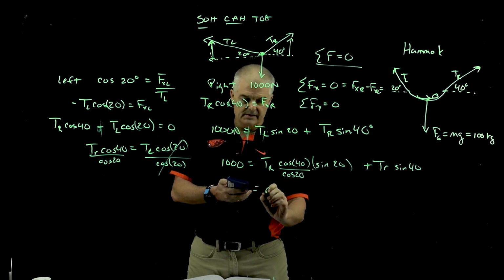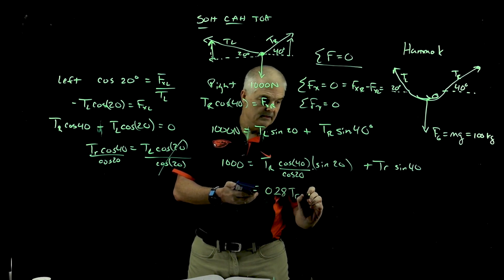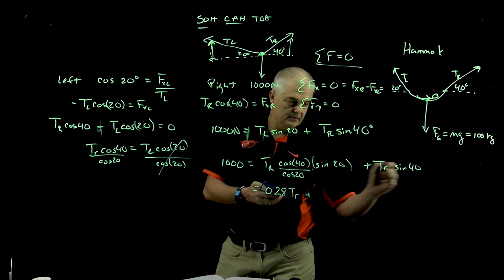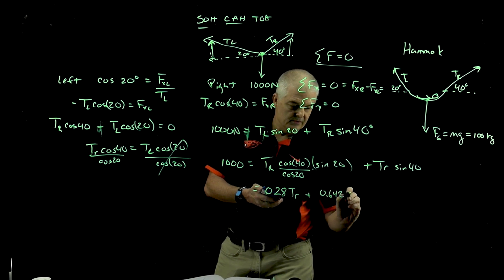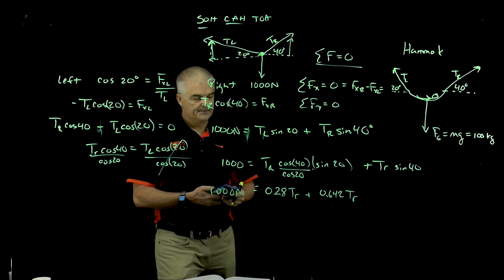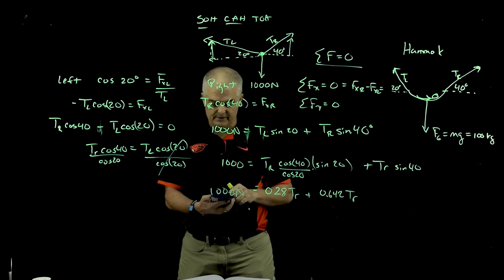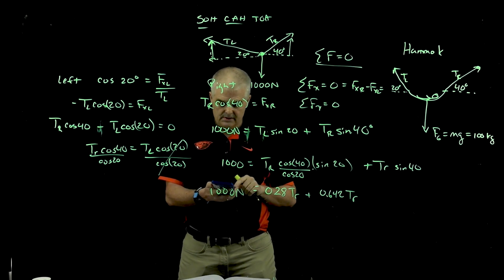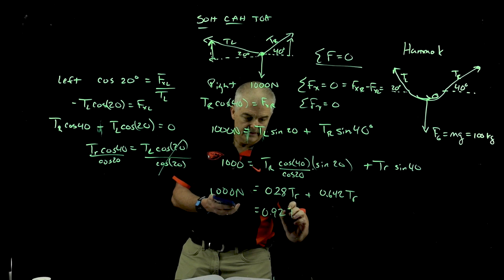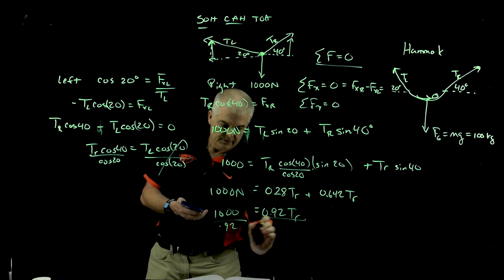So this is 0.28 TR plus, and the sine of 40 is 0.642, so 0.642 TR, and that equals 1,000 newtons. Got it? Now it's like this is x and x, so 0.28x and 0.642x. So I say plus 0.28, and that comes out to 0.92 TR equals 1,000. Divide both sides by 0.92.